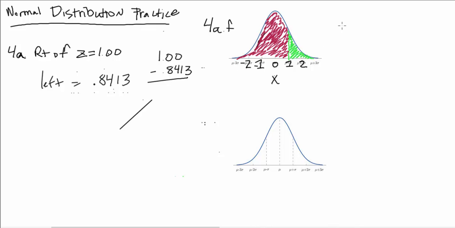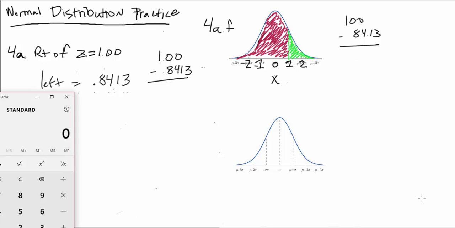You could also use percentages, 100% minus 84.13, and you would get the same number. We know the area to the left of z equals positive 1 is 0.8413, so if we subtract those two numbers, we can find the area to the right.